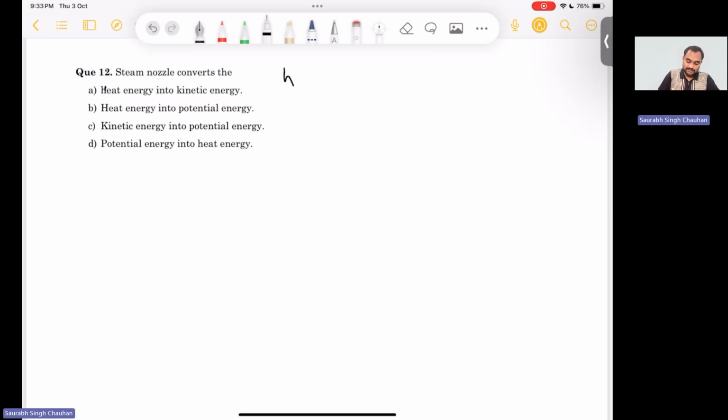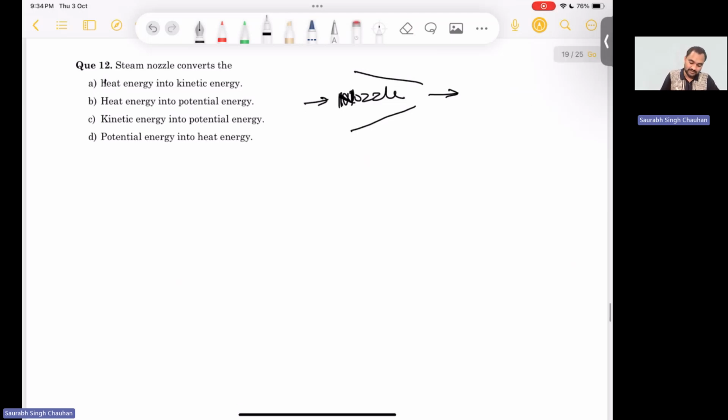In many previous questions, we have discussed this, that in a nozzle there is no heat exchange and there is no work interaction.